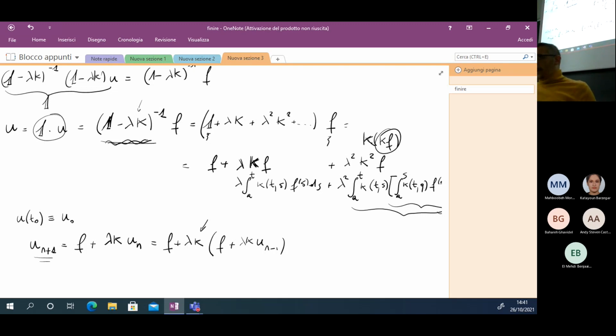So you know u0, and you can reconstruct this whole sequence. And theory tells you that this sequence converges to the exact solution of the equation.